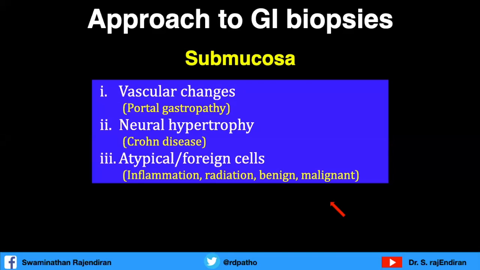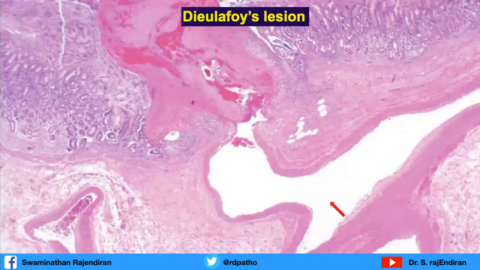Now we are going to submucosa, where you have to see the vascular changes, neural hypertrophy, atypical or foreign cells. See, this is a dysplasia lesion where you can see a massively dilated vascular space which has ruptured into the lumen, causing severe hemorrhage. If I know correctly, this is from an autopsy case.